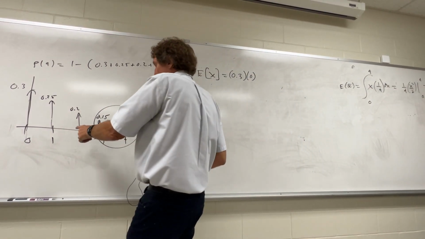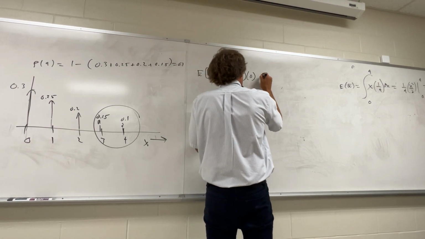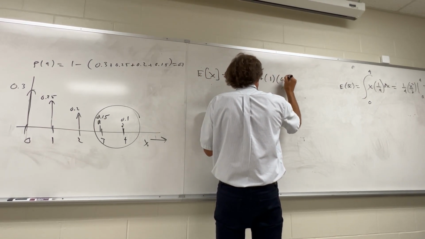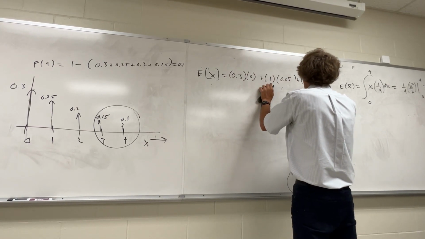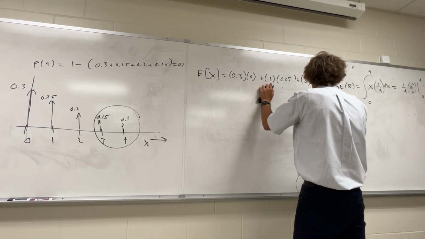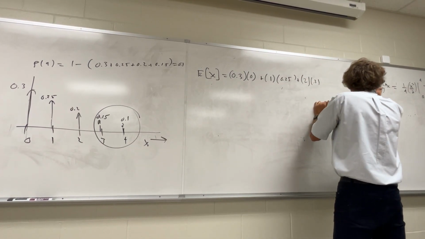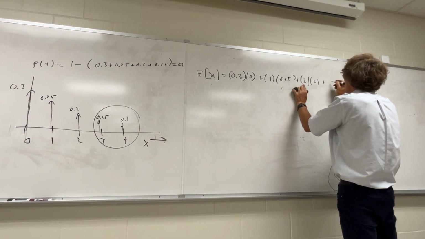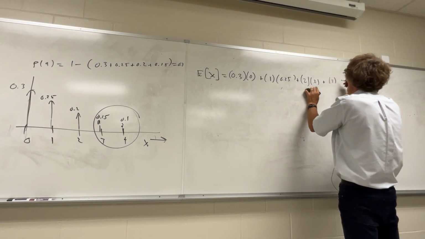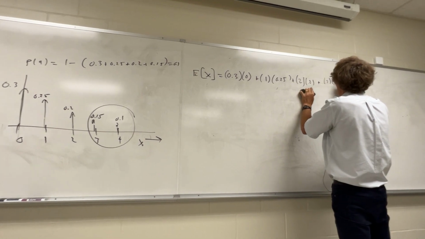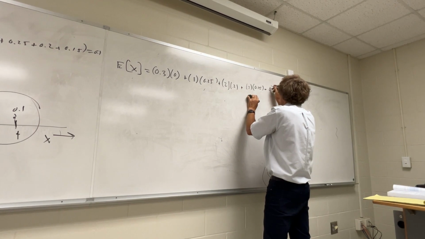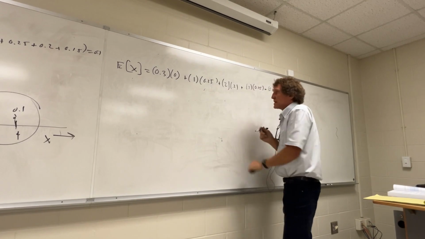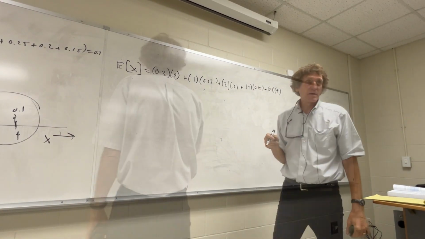Plus the probability of 1 times 1, it's just 0.25. Plus the probability of 2 times 2, or 0.2. Plus 3 times the probability of 3, which is 0.15, plus the probability of 4 times 4. Agreed, class?